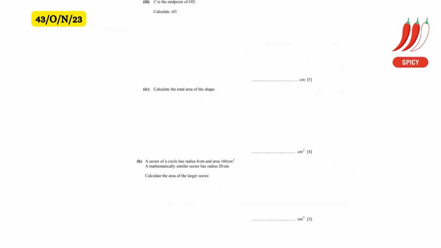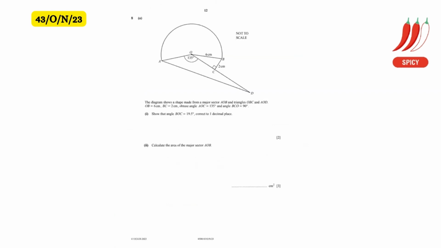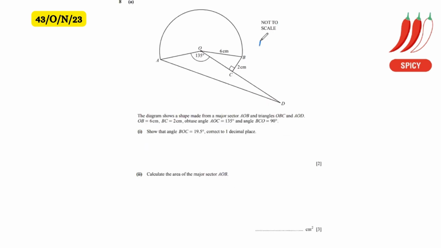Then it says calculate the total area of the shape. So for the total area of the shape, we can see that we have a sector and we have two triangles. If you notice in the second part, we've already found the area of the major sector. So we already have this area. All we need to do is calculate the area of the two triangles. So for the two triangles, we found OC, which for area of AOD, that's going to be 1/2 times 6 times 11.3 times sine of 135.